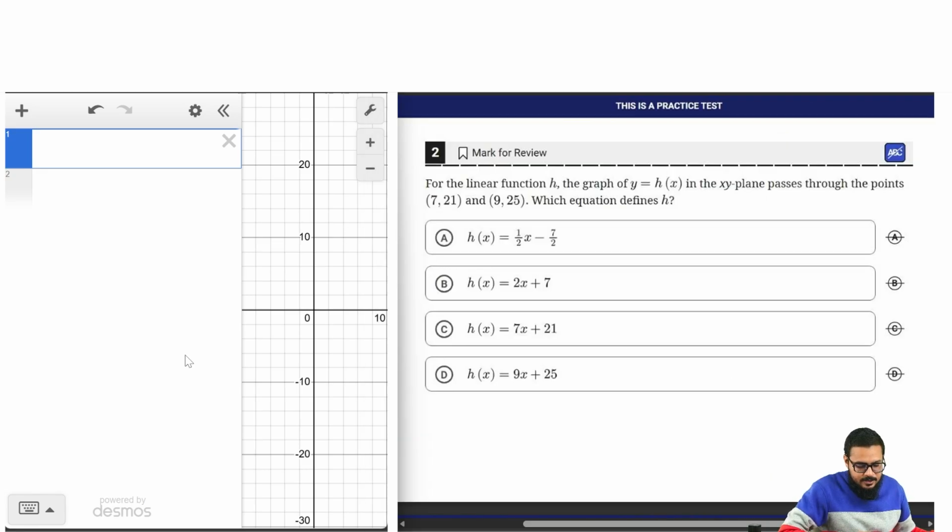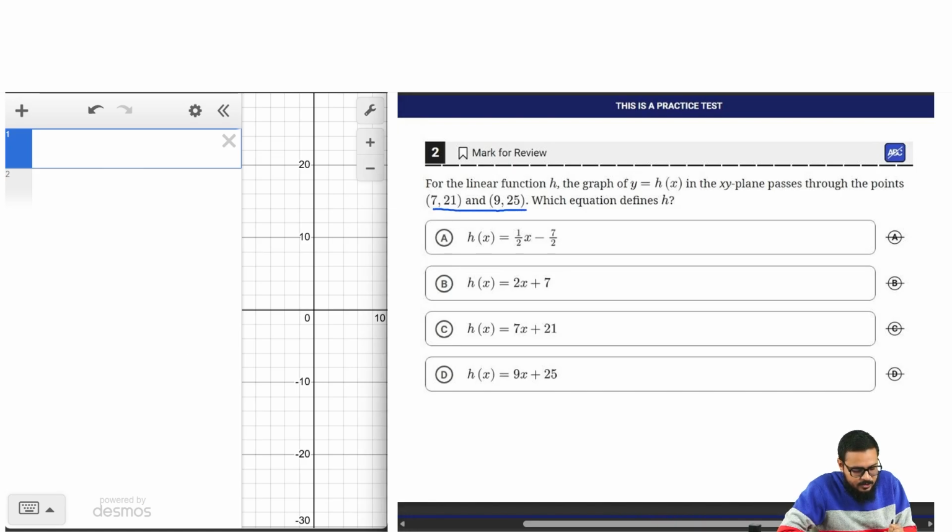Question number 2 says that we have a linear function h and the graph of y equals h of x passes through these 2 points. You can easily do this question in Desmos, but let's have a look at the manual approach. I'm going to find out the gradient first using the formula y2 minus y1 divided by x2 minus x1. So let's take y2 as 25 and y1 as 21, so 25 minus 21 divided by 9 minus 7.